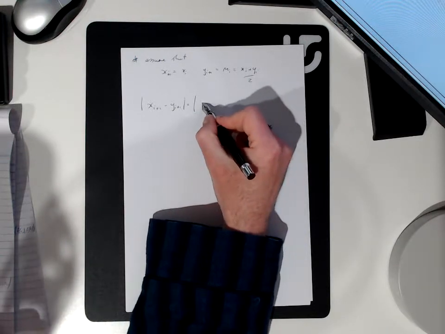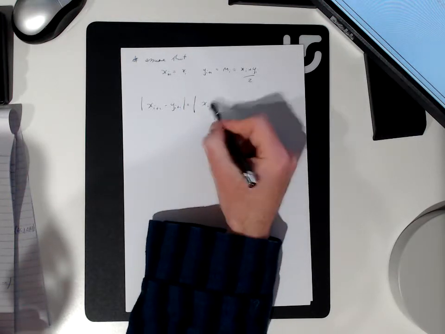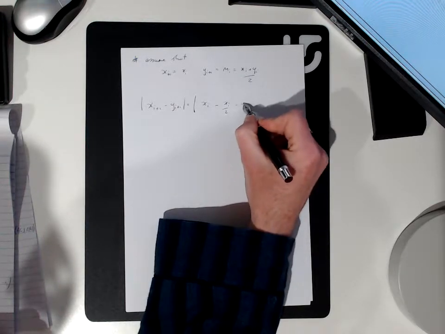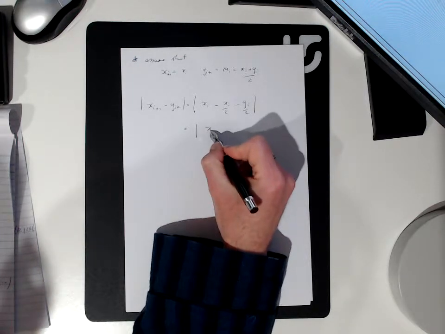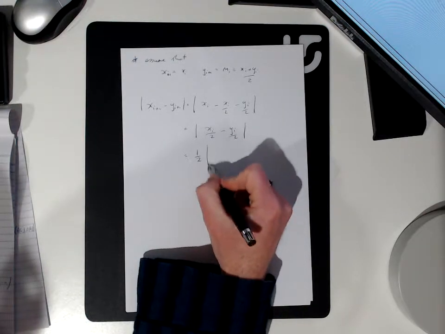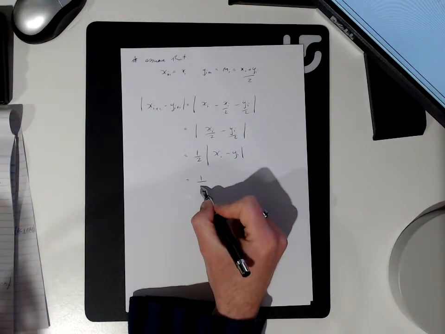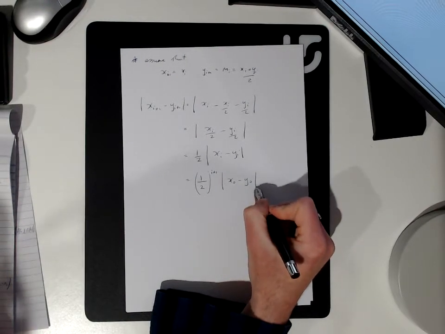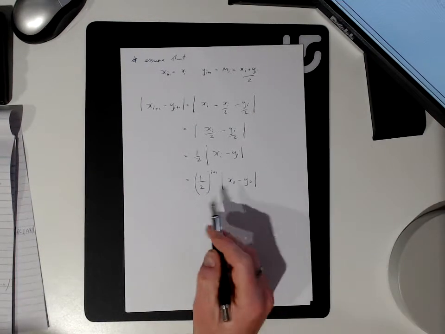is equal to the absolute value of xi, because x(i+1) is xi, minus, and we plug this in, xi over 2 minus yi over 2. So this is equal to xi over 2 minus yi over 2, which equals 1/2 times the absolute value of xi minus yi. And when you think about it a little bit, this is equal to the distance of the original interval times 1/2 to the power of something.